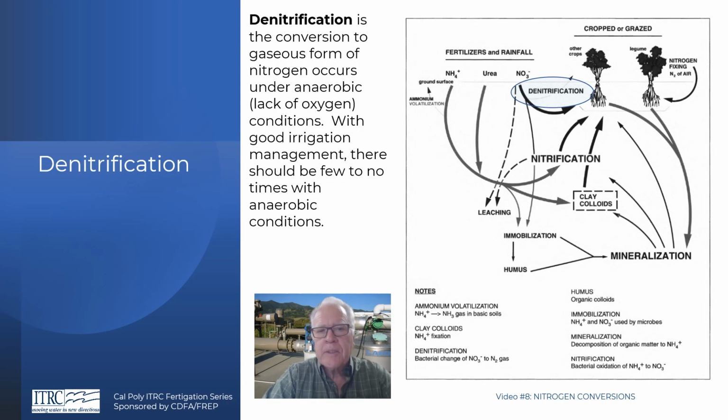Denitrification is shown in the middle up near the top. There's a circle around the word denitrification. It's up near the soil surface. And that is up there because what it really illustrates is that you can get nitrogen that converts to, it shows nitrate there being converted to a gas. And that occurs, though, only in anaerobic conditions. In other words, conditions where the soil is saturated and there's no oxygen getting down there.